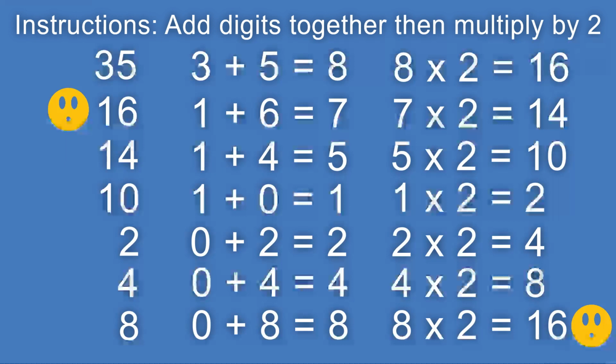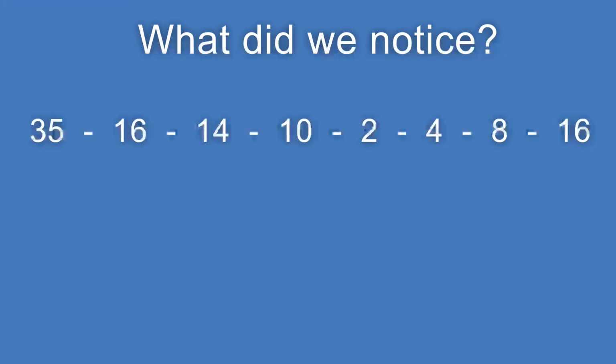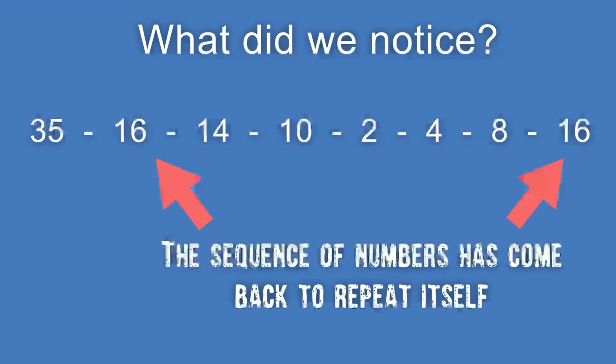Because we've come to the same number again, it means the sequence itself will continue to go in that pattern. So the next number would be 14, then 10, then 2, then 4, then 8, back to 16, and it would go on like that forever. So we've reached an ending because we know what's going to happen next.